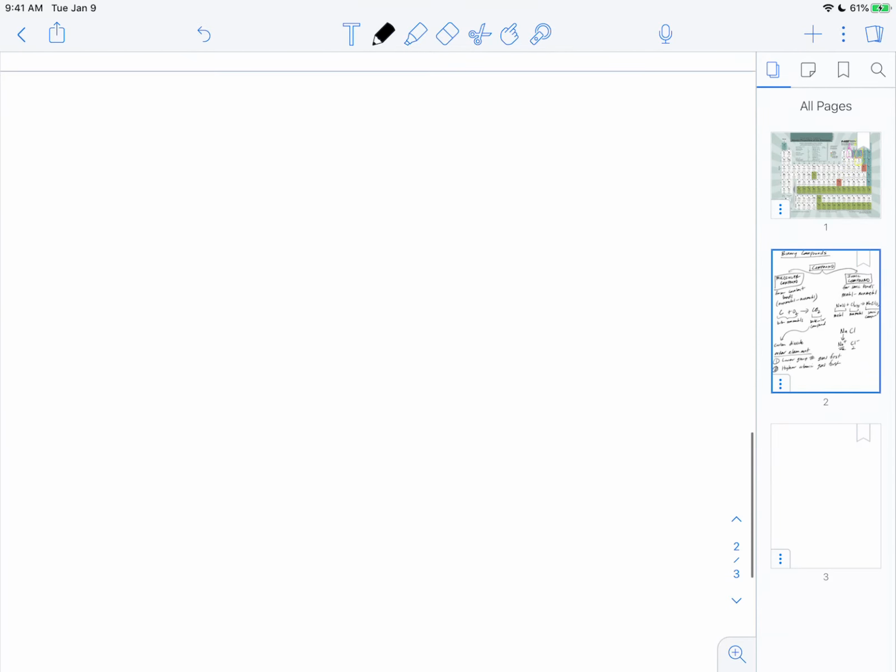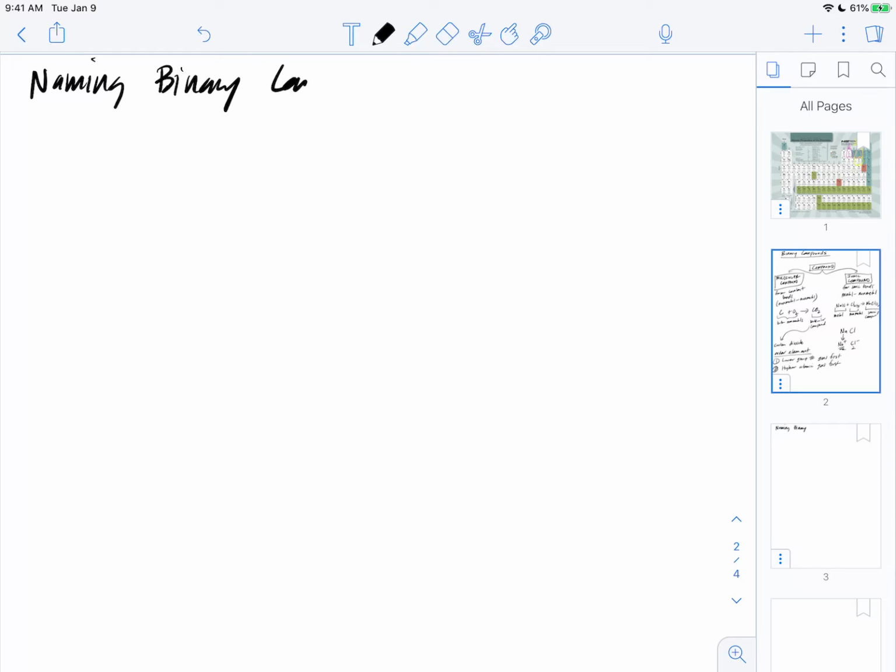To actually learn how to name them, we have a couple rules. So, naming binary compounds. We're going to look at how we can go from the molecular formula. There's a couple ways to do it.